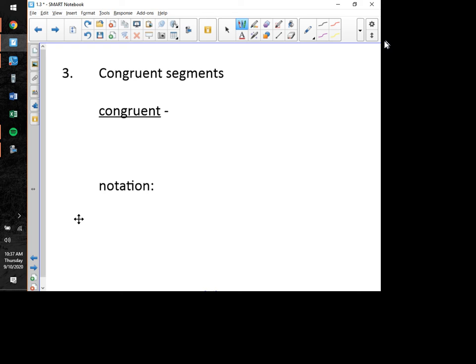Congruent simply means two geometric figures that have equal measures. That's probably the simplest way we can put it here in geometry. So congruent segments would be two segments that have the same measure.